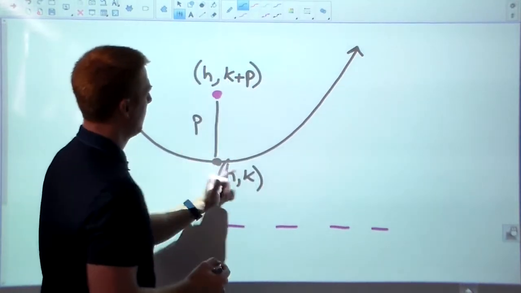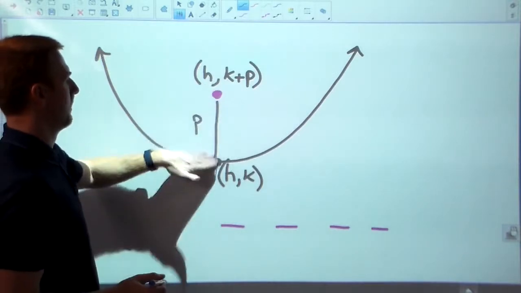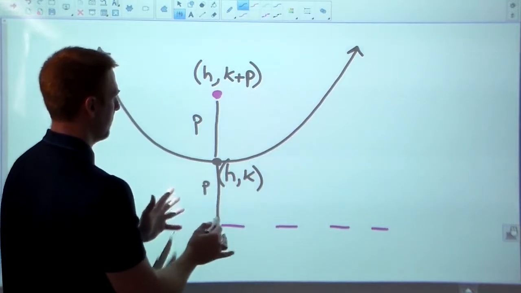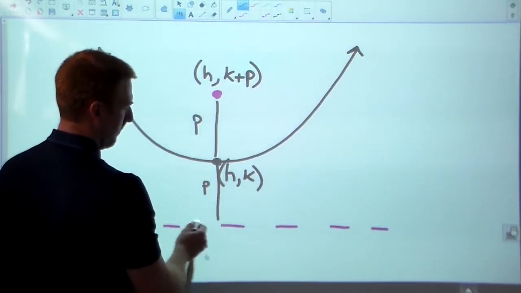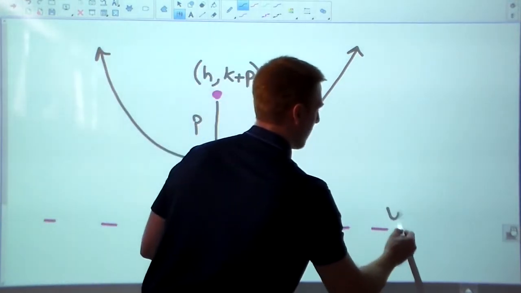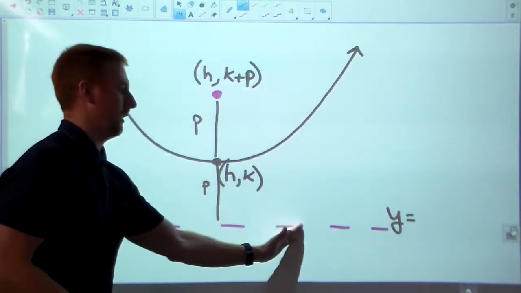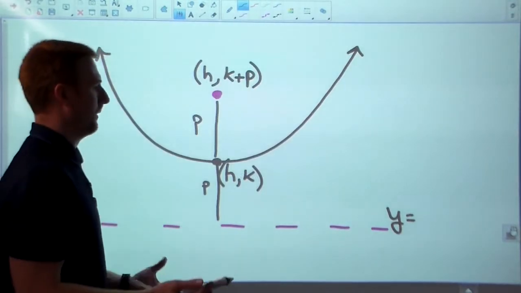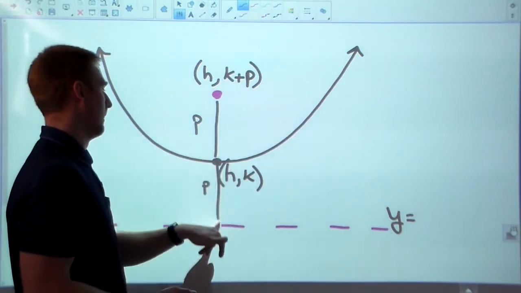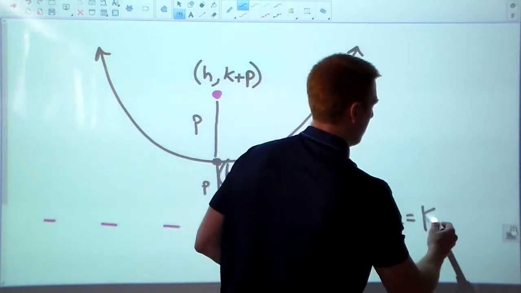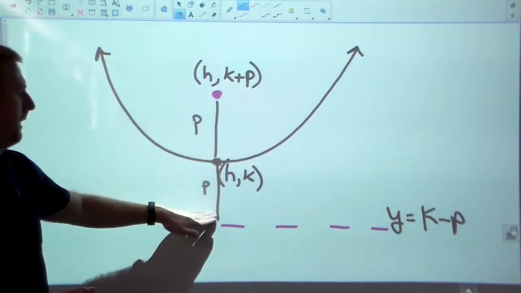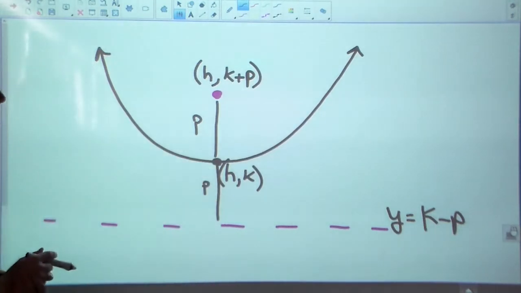So it's this height k plus another distance p. And this part right here is the same distance p. Any point on that line, this is a horizontal line, so we need to define it that way. We don't really care what the x-coordinate is, because it could be anything. But no matter what the x-coordinate is, what's our y-coordinate? That's going to be this value k minus p. So relative to the vertex of the parabola, it's p below that. So there's the definition of that point.